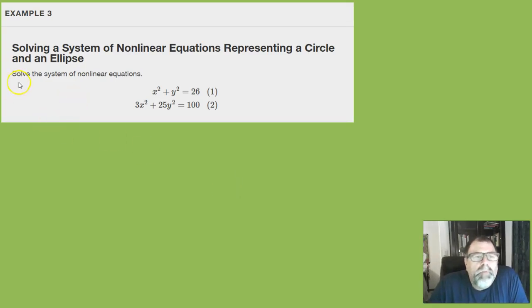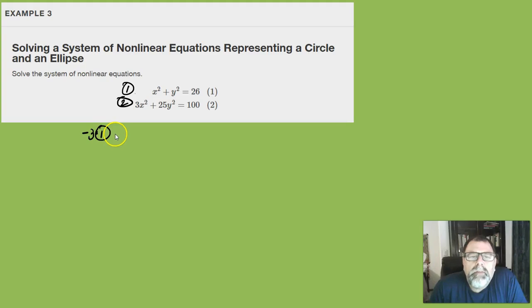Okay, so example 3, solve the system of nonlinear equations. The first equation is a circle, the second equation is our ellipse. And just like with the linear equations using elimination, you want to eliminate one of these variables. So I'm going to eliminate the x, and I can take equation 1 and multiply it by negative 3.